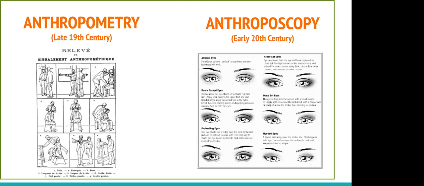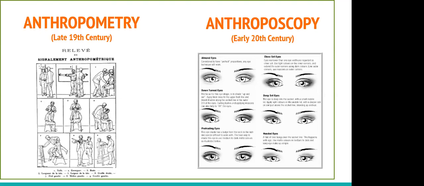Anthroposcopy is the base for it because the shape of eyes, the size of eyes, the space between the brows and eyes, the thickness of brows, the color of eyes, every little detail, every little description about an individual comes under anthroposcopy. These are a few examples that I have listed here, but it involves hair color, hair type, hairline, everything about the forehead, whether it's stoop, sloping, or straight.